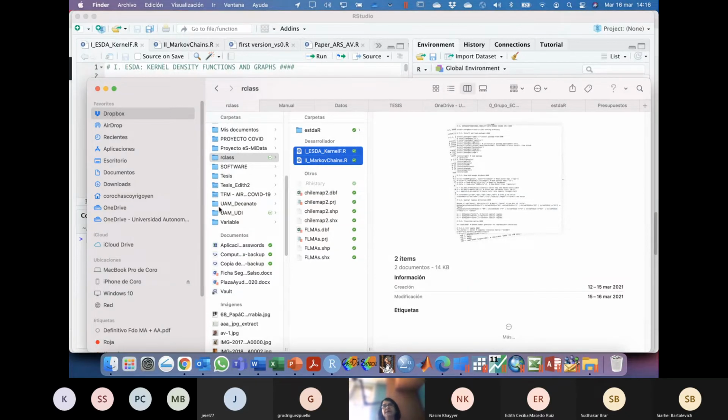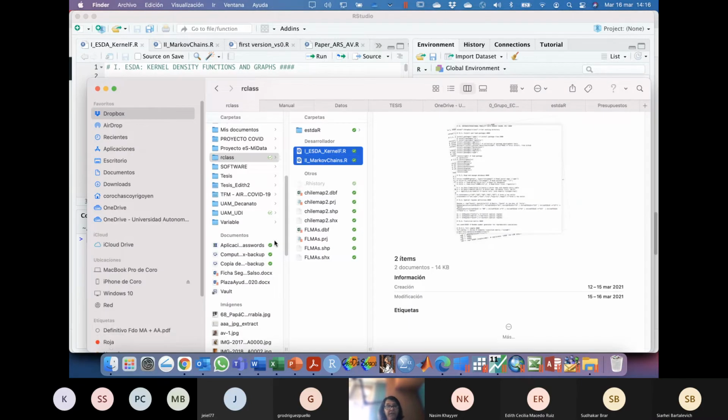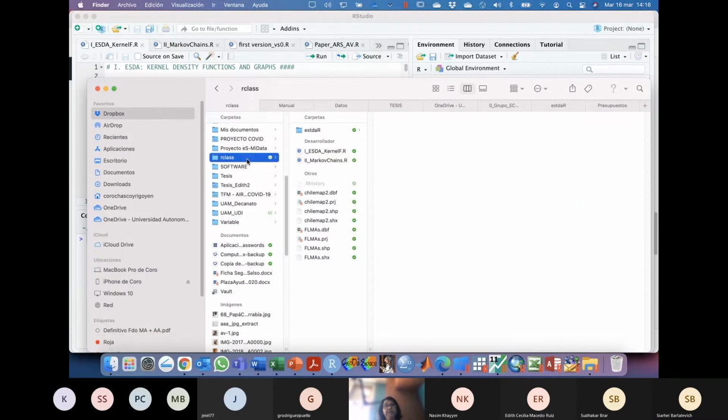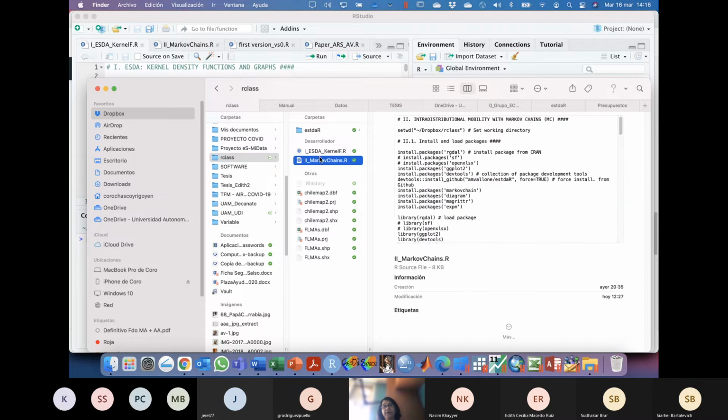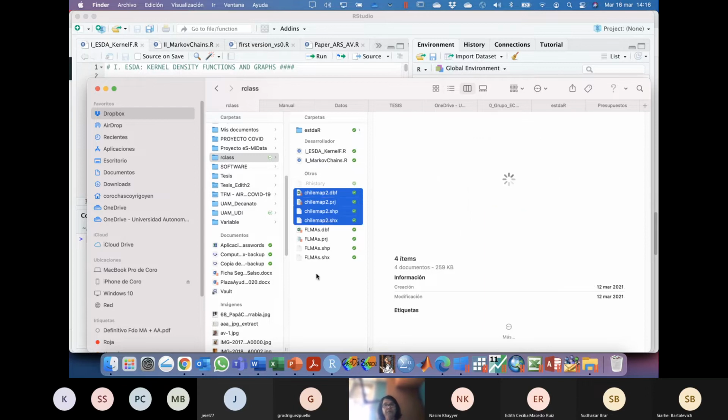But if you had it in C, in the main hard disk, or some other hard disks, you should say that first, just because I have included in this R class folder both the files and the databases. Well, first I'm going to work with Chile map 2.